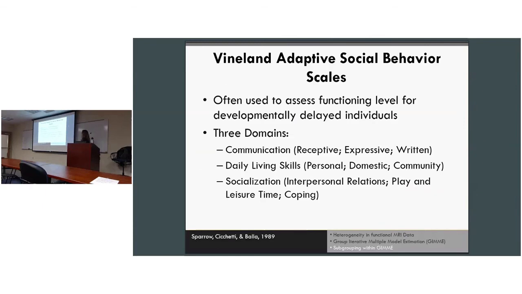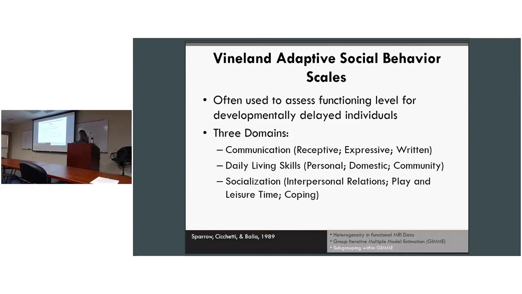And then I mentioned that we could then relate this to behavioral scales, but that was a little bit ambitious, because we actually only have one scale from this data set that we could use, and it's the Vineland Adaptive Social Behavior Scales. They have other scales in the ABIDE data set from NYU related to diagnoses, but this was the only one based on their behaviors, which is what we wanted to look at.